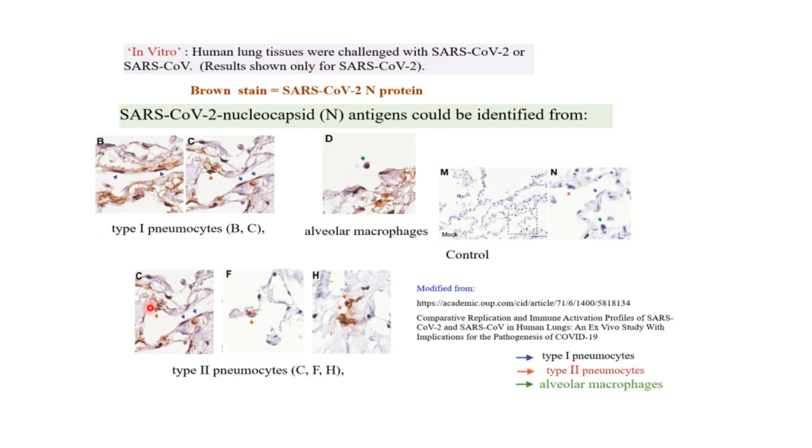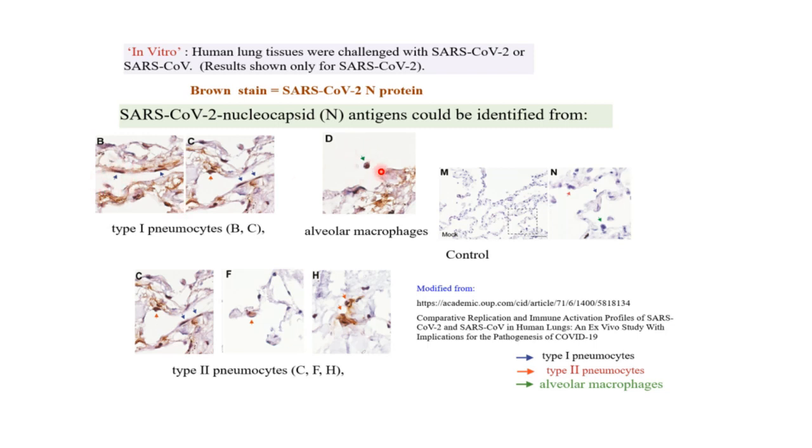And here are the arrows showing the color of the arrow and the type of cell mentioned, and we also have to be a bit more careful there because we do really need an immunohistological confirmation that the cell type is as mentioned. Nevertheless, these do look morphologically like type 1 pneumocytes showing virus antigen present within the type 1 pneumocytes, that is to say the nucleocapsid protein.